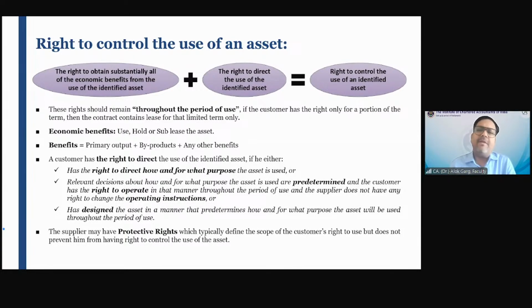Let me give you an example. Probably few of you must have lived in rented accommodation. Let's say you have taken a flat on a lease basis. So who is enjoying the benefits from the use of the flat, whether a tenant or a landlord, I mean a lessee or a lessor?